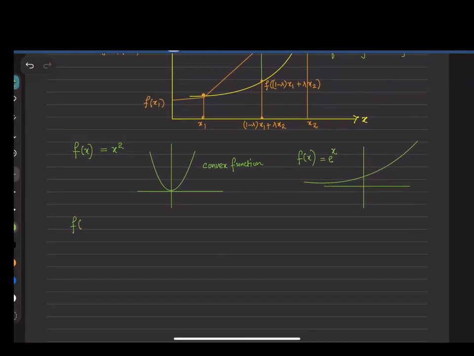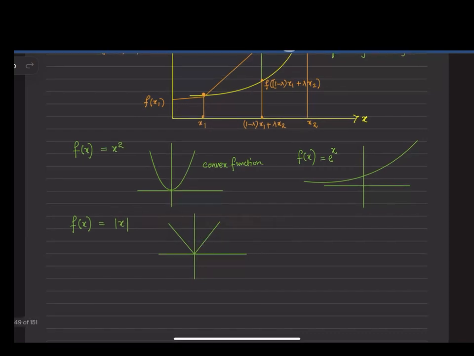Take the function f(x) equals mod of x. This is the graph of mod of x. Take any 2 points, join them.